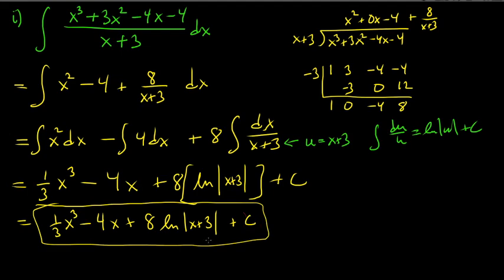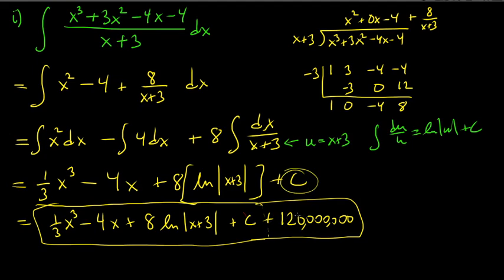In other words, it doesn't matter what number I add to this, it's still going to be correct, right? If I say that the answer is this plus 120 million, right, it's the same answer. It's just that this C here is 120 million less than this C. Or actually 120 million more.